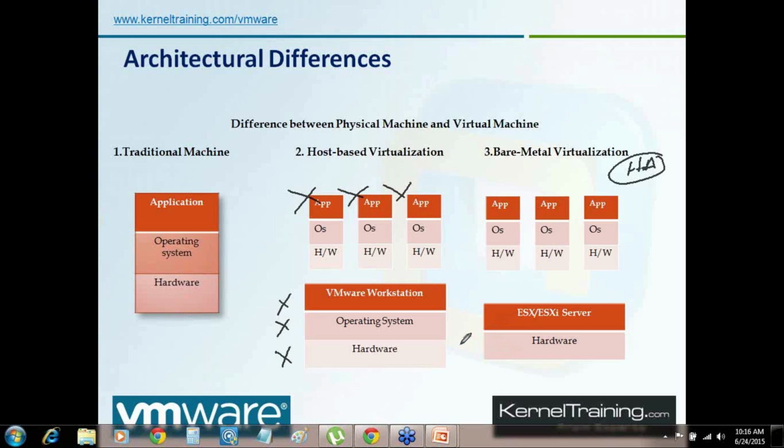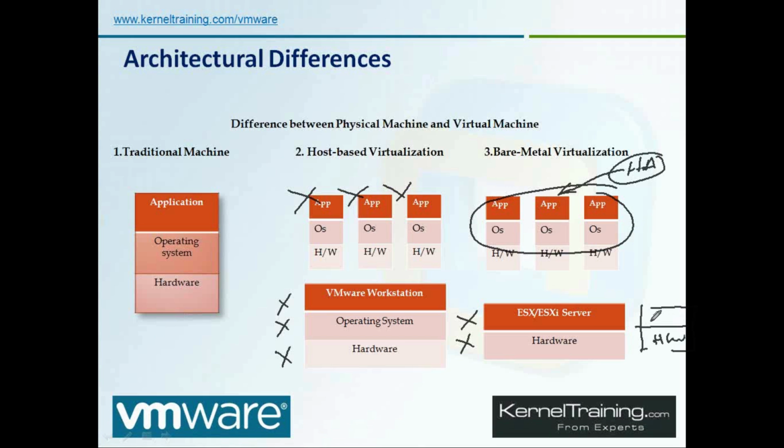For example, if there is any hardware failure, or any problem at the hardware level or OS level, what will happen? HA will automatically migrate all the running virtual machines from one ESX server to another ESX server. For that we need to maintain another hardware and another ESX server. All the VMs will be migrated to the other ESX server automatically and rebooted.